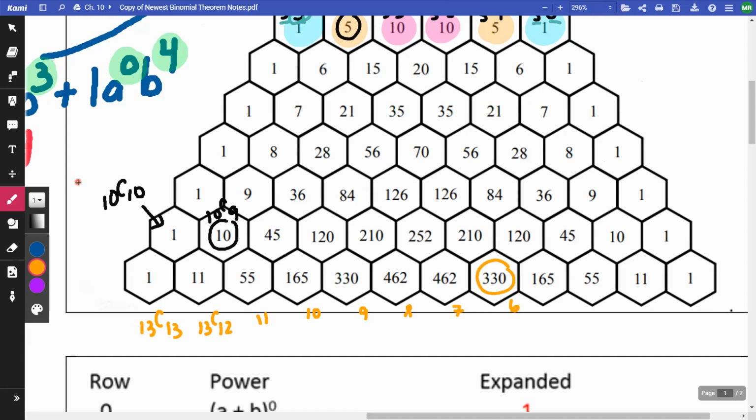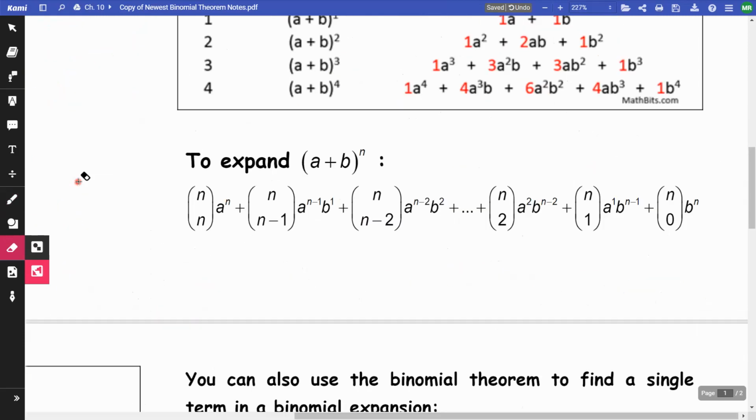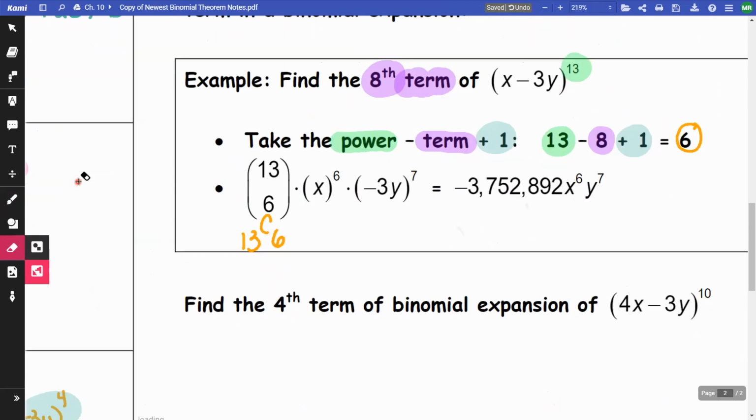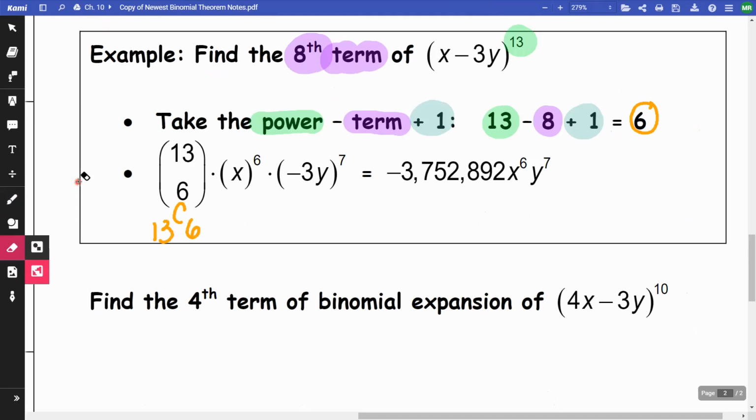So that number, if this had been our 13s, would be what I'd be looking for. Let me just erase this because these are not 13s. This is 11. Okay, so we are going to do 13 choose 6, which we would just put in our calculator.